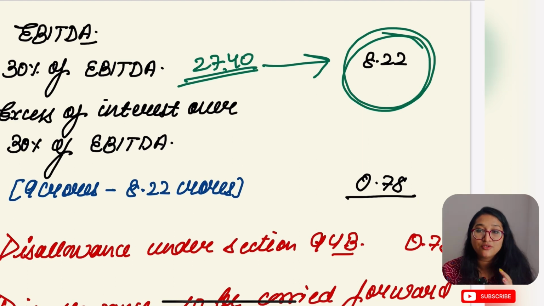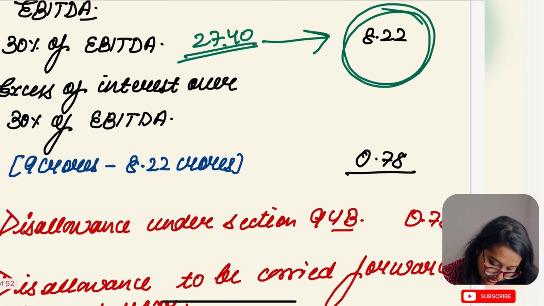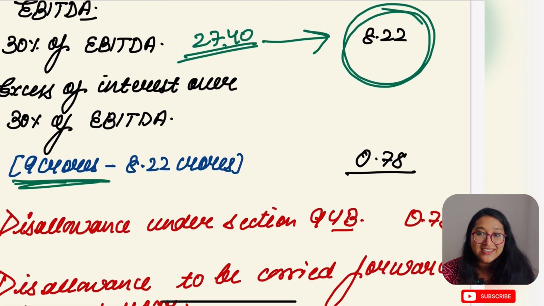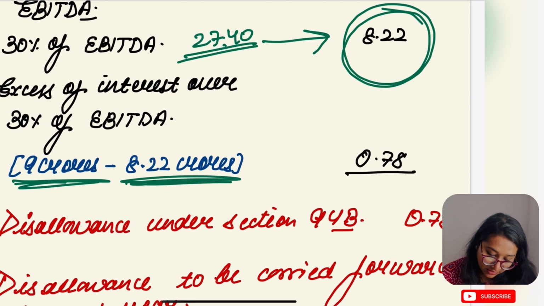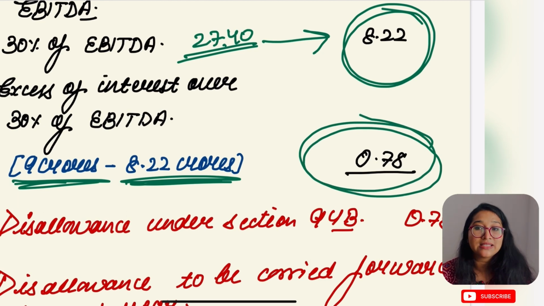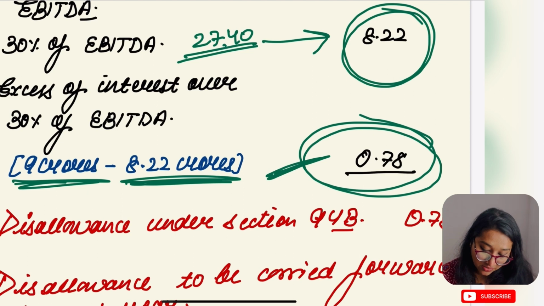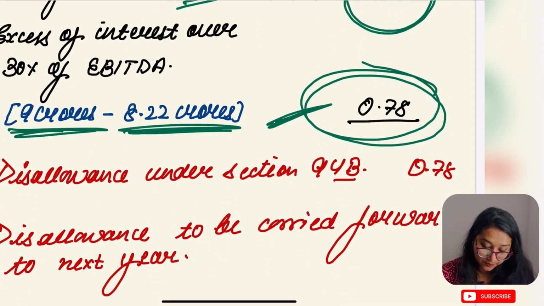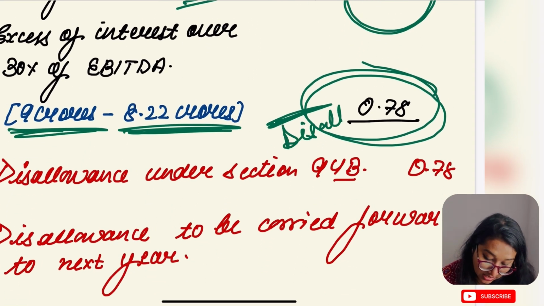Again, we have to take the difference between 30% of EBITDA and the actual interest paid or payable. The interest paid was 9 crore rupees. 30% of EBITDA is 8.22 crore. So the remaining amount would be excess interest, and this interest would be disallowed.